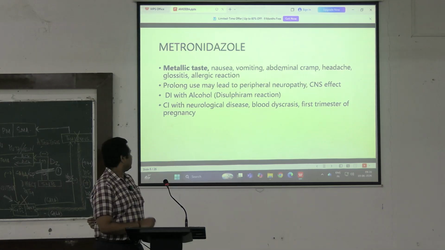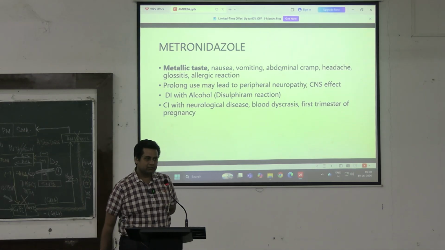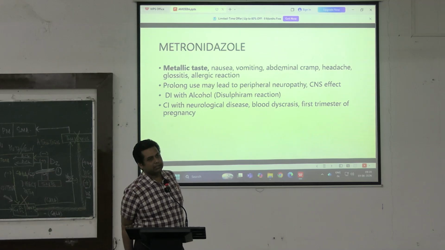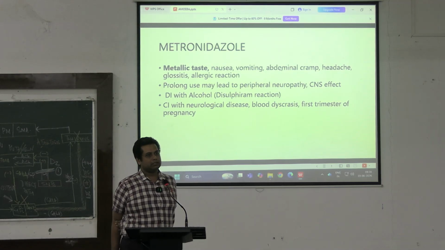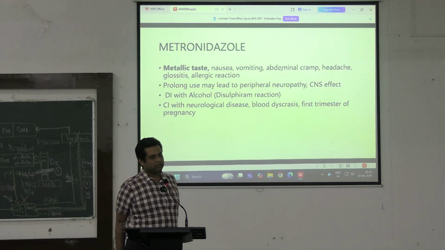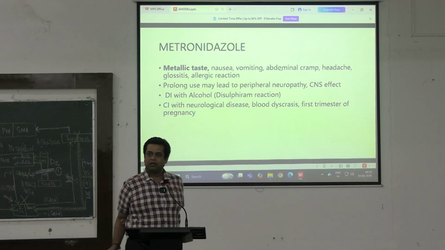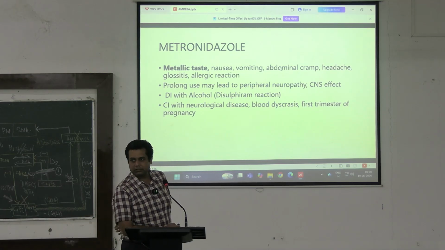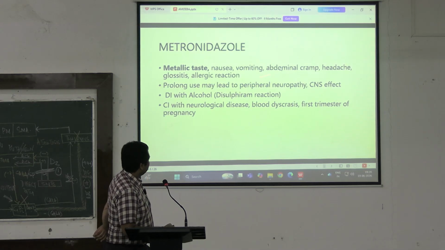Some side effects: first and foremost, it produces a metallic taste. If side effects are asked in the oral examination, do say the words metallic taste. Examiners love to hear this adverse effect. Nausea and vomiting are what people usually say; do say metallic taste, an important adverse effect, along with nausea and vomiting.